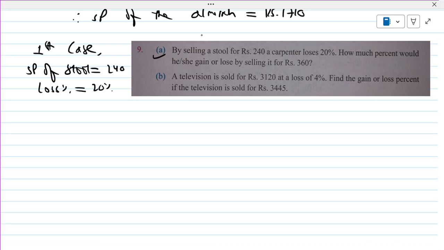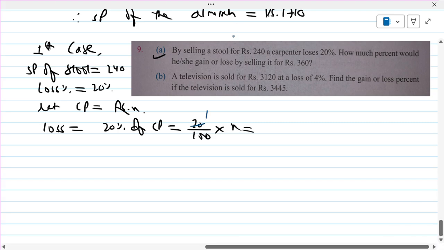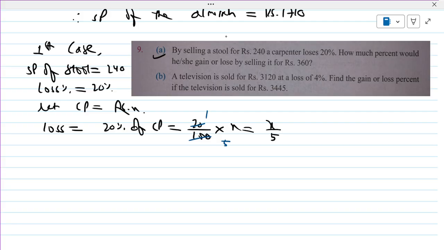So let's find the cost price, and for that you suppose your cost price as X. So CP equals rupees X. After supposing CP as X, you go for finding loss. Loss equals 20% of CP, so that is 20 by 100 into X, and it cuts by 5, so it becomes X divided by 5. So loss is X divided by 5.